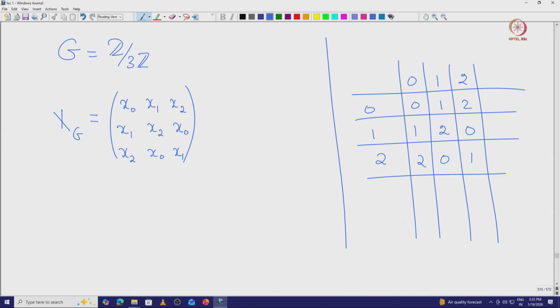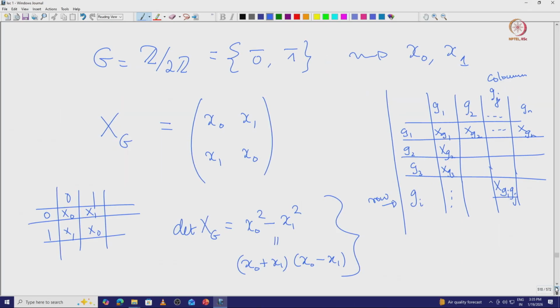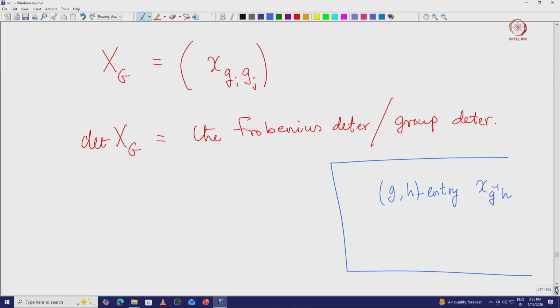Okay. So actually it will be better to change the entry to be x g inverse h, so that when we are looking at the diagonal, we will indeed be getting the identity. So maybe let me slightly change the definition of the group determinant, and this is not going to affect anything much.